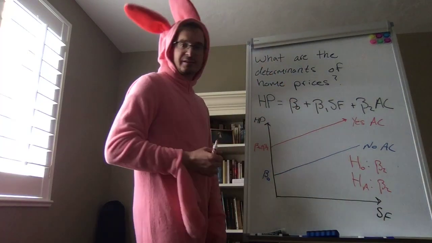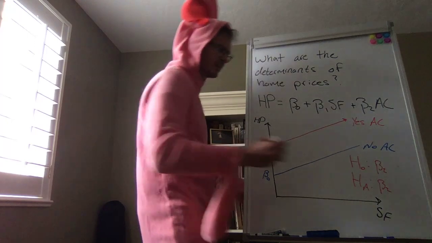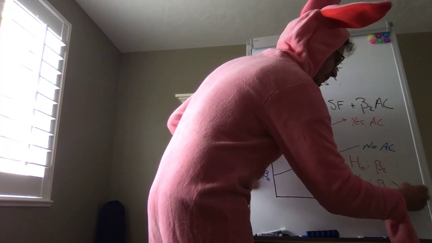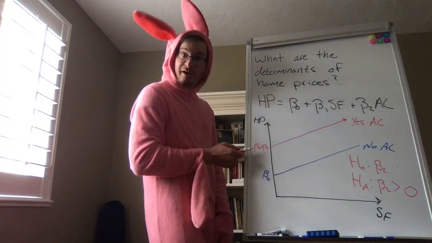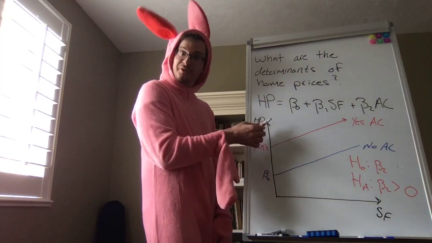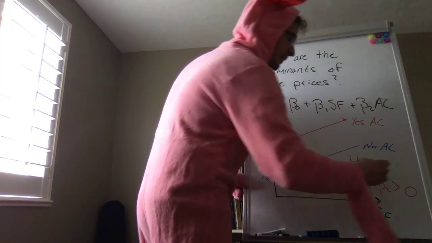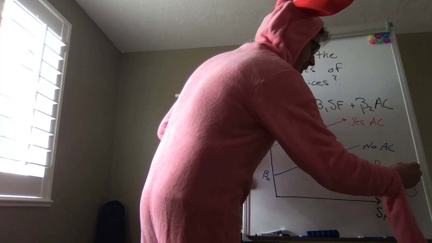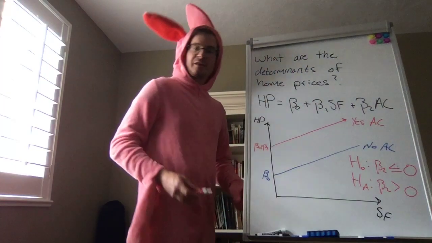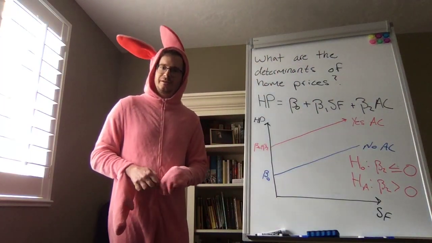If we think that it probably increases house prices, then our alternative is beta 2 greater than 0, because that means we're adding a positive number to shift up the line from air conditioning. And then, of course, our null hypothesis would be that there's no effect or it's actually negative.